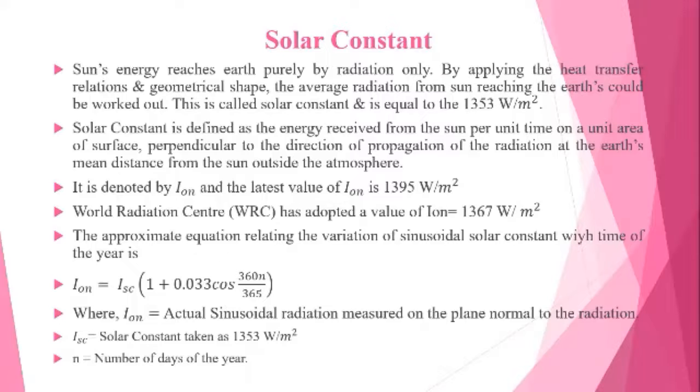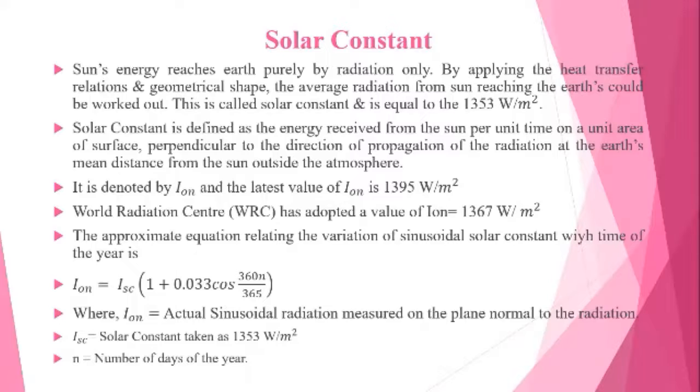But the World Radiation Center, or WRC, has adopted a value of the solar constant of 1367 watt per meter square. Based on the solar constant, the total solar energy incident on the entire globe of Earth can be calculated.